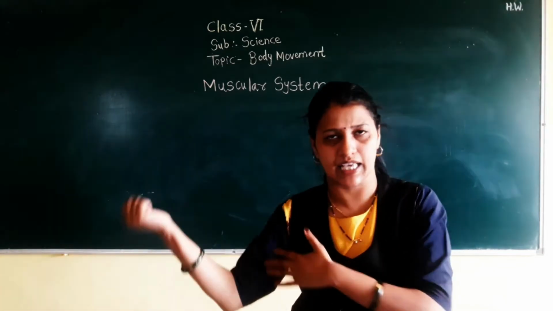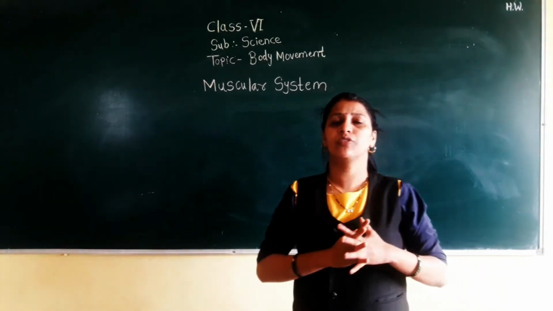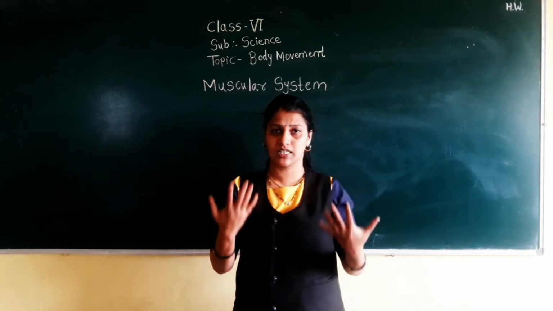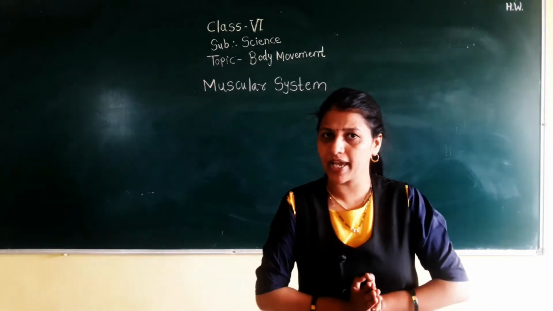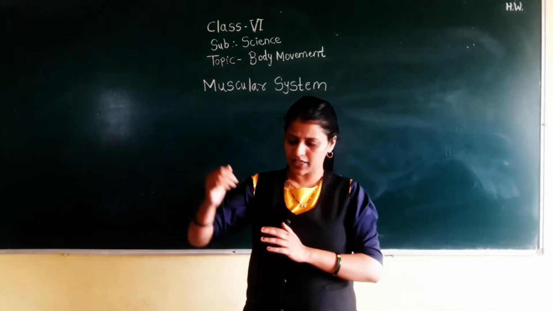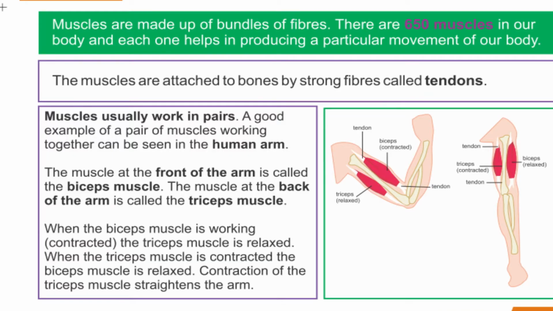The muscles work in a pair. So which types of pair? Let's discuss. When you raise your hand, we can feel this biceps. This is a biceps and this is a triceps.